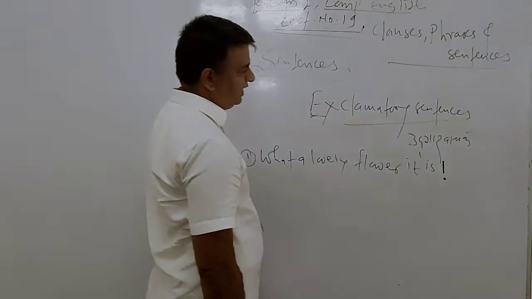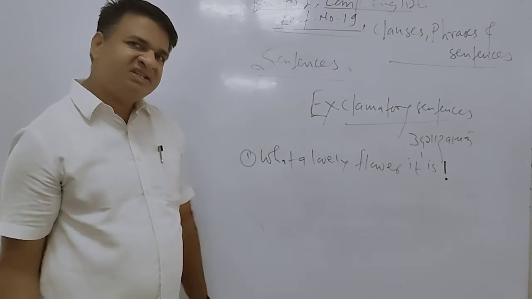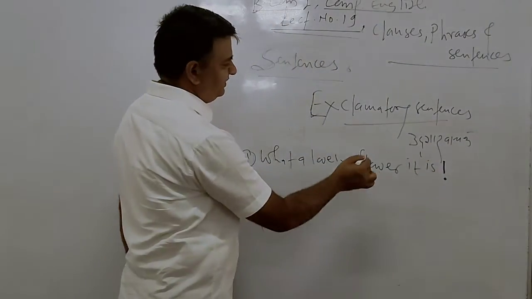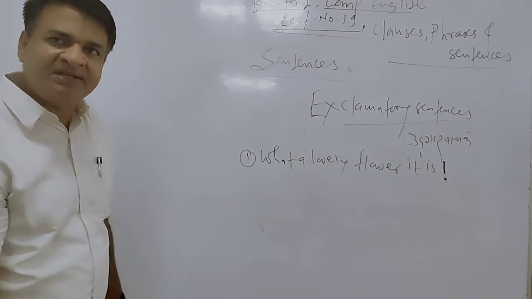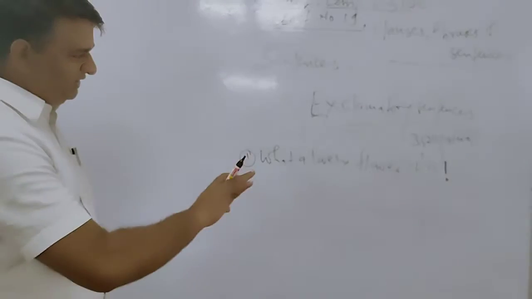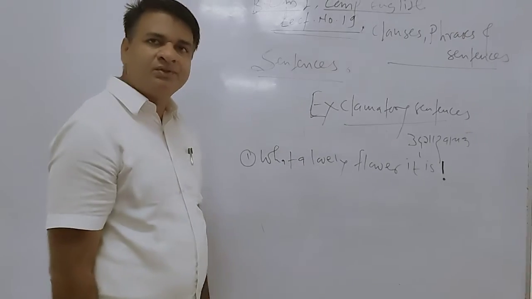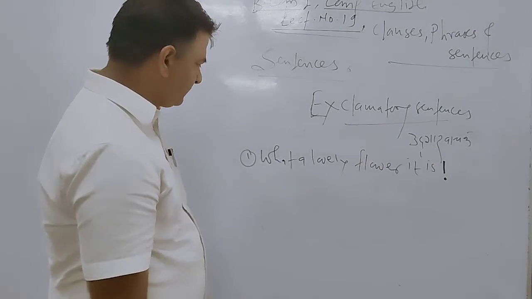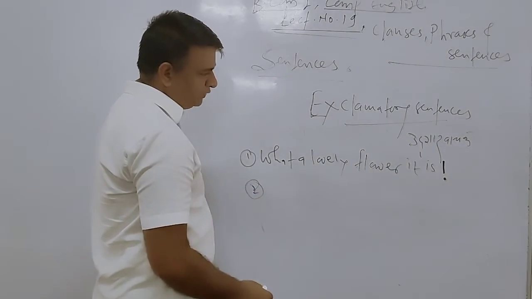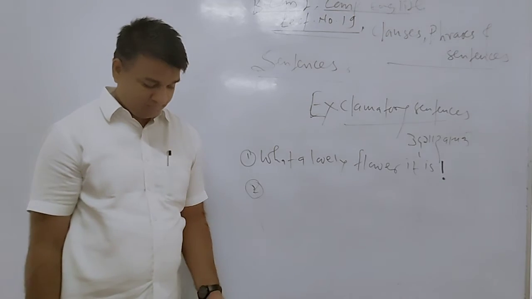What a lovely flower it is means, when we make it a simple sentence, we simply say it is a lovely flower. And the same sentence, when we convert into the exclamatory, we convert like this: what a lovely flower it is. What a lovely flower or what a beautiful flower it is.